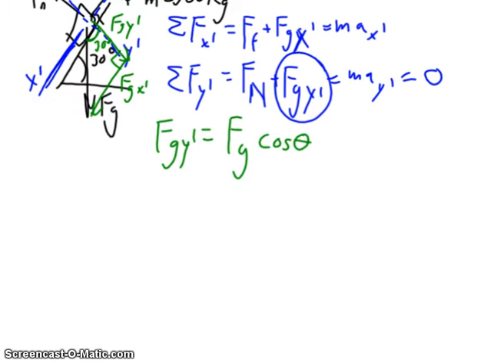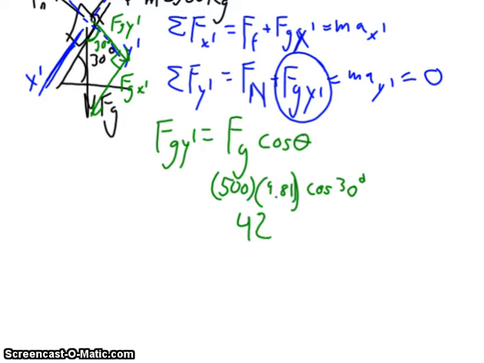And so force of gravity is just mass times the acceleration due to gravity, and it's cosine of 30 degrees, so that when we plug that in, we end up with 4,247.85 newtons, and that's the force of gravity into the ramp.